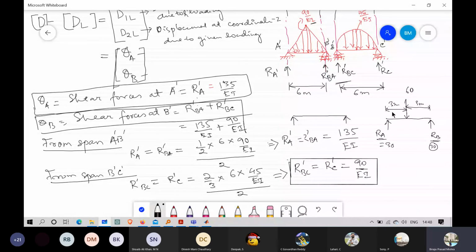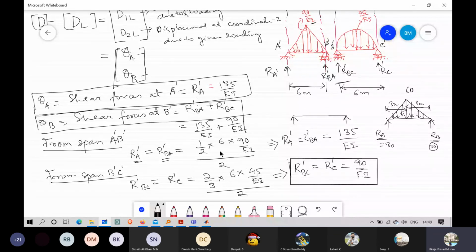So similarly, if instead of this load I have a uniformly distributed triangular load, the same applies here, right? So RA dash equals area divided by 2.